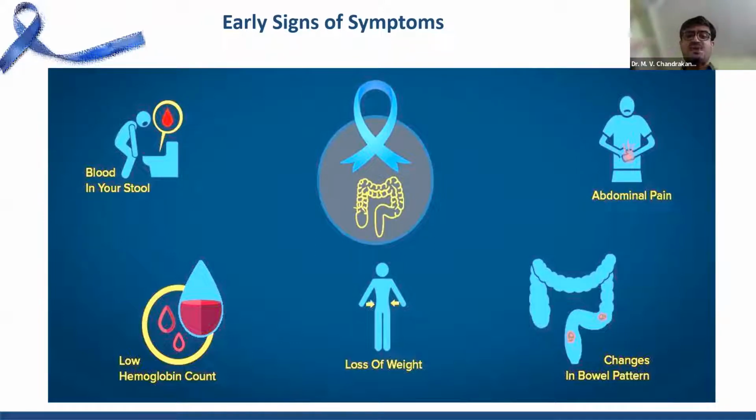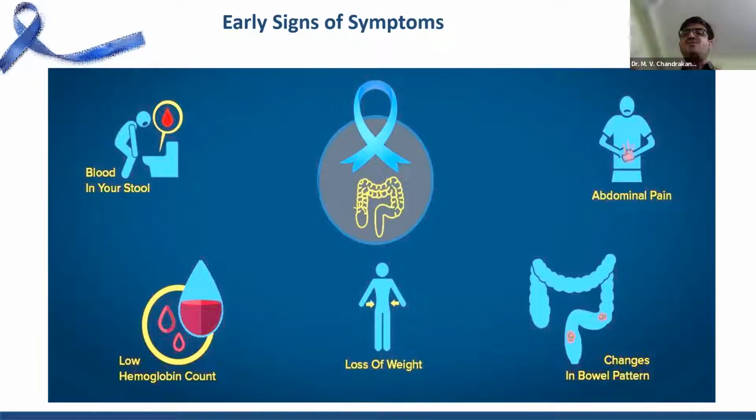So these are the important symptoms, or what I call as red flag signs of colon cancer or rectal cancer. If I have any one of them, and if it is persisting for more than 1 month, then only they become red flag signs.